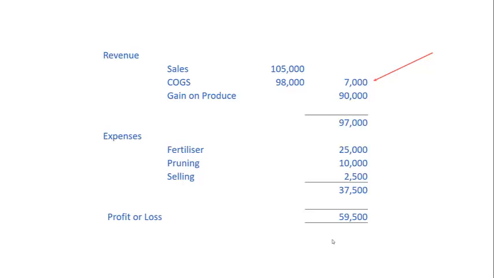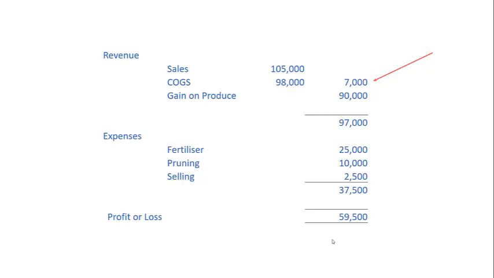That's a feature of fair value accounting. From those revenues, we deduct the expenses. There's my fertilizer expense, $25,000, pruning, $10,000, and the selling expense, which gives me total expenses of $37,500, and at the end of the day, a profit of $59,500.